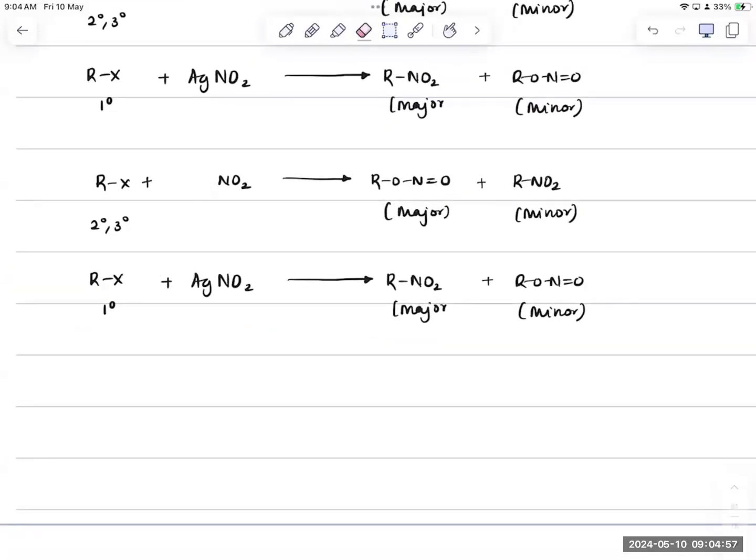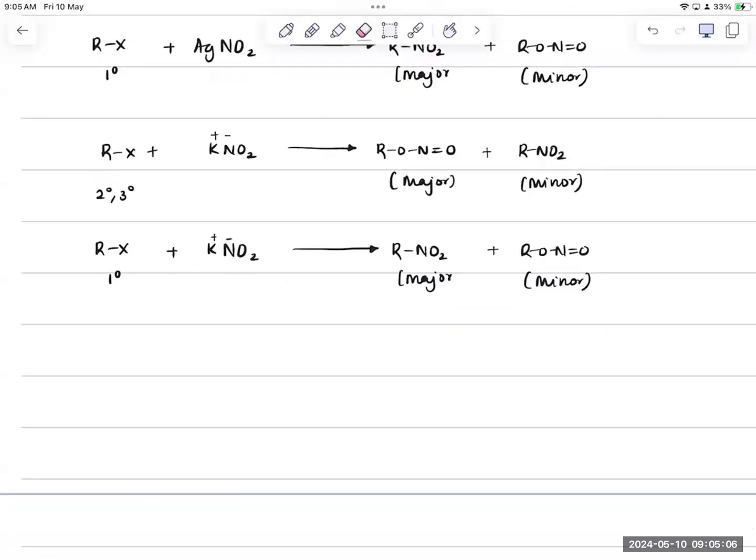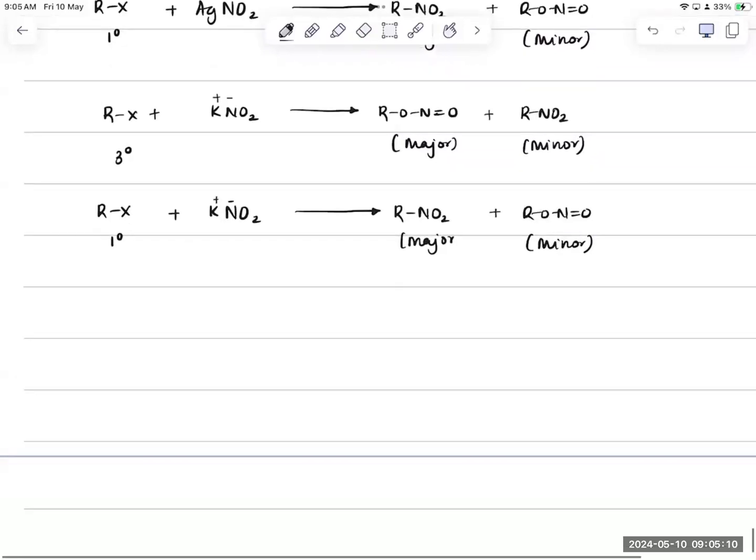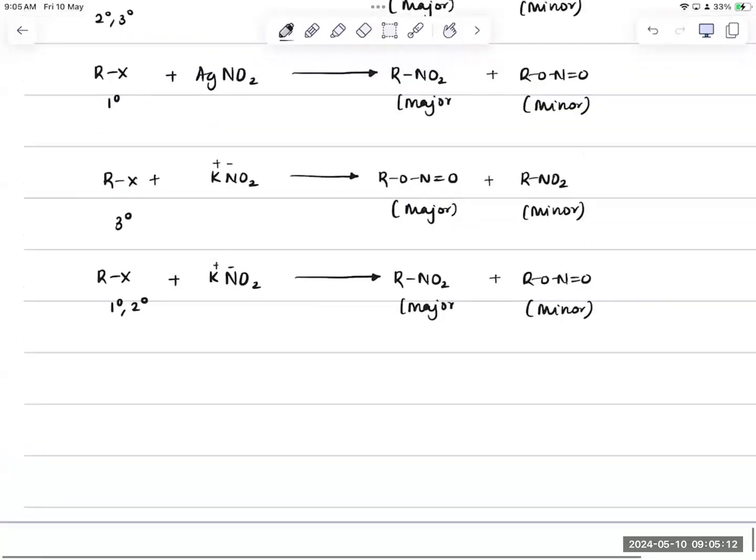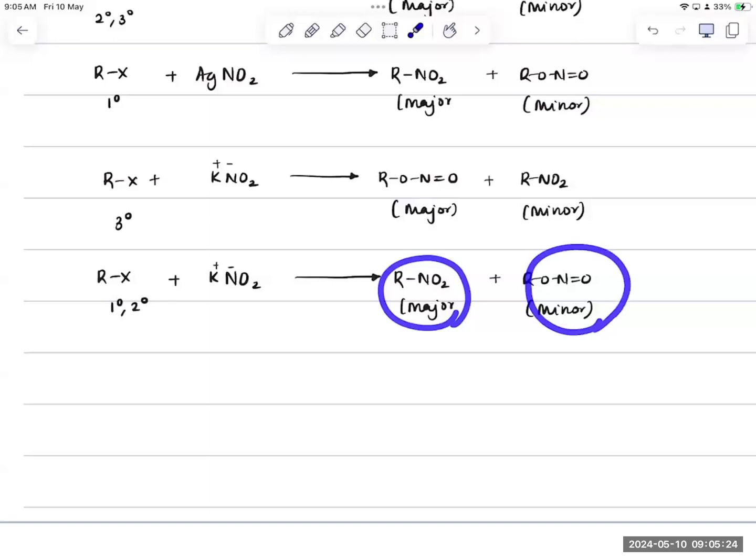Now, in case of KNO2, it is always completely ionic, because it is K plus and NO2 minus. So now what you will notice is, for 3-degree only, you will notice this. For 1-degree and 2-degree, you will notice that RNO2 is major here, and this is coming out to be minor.